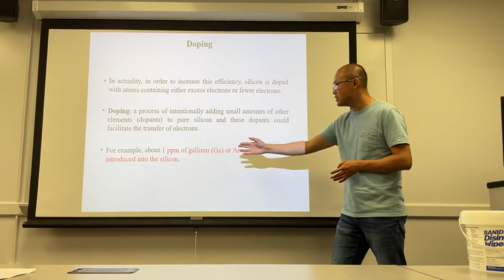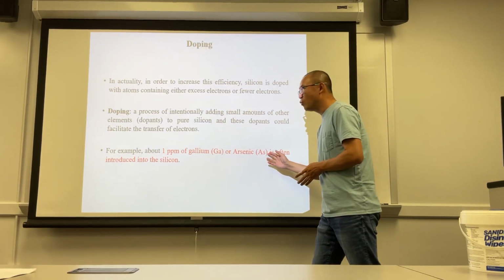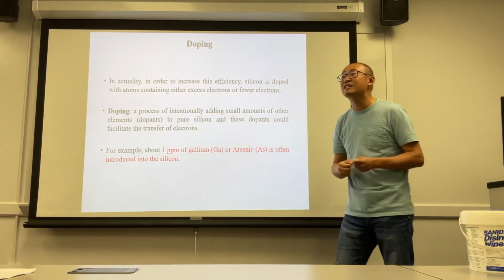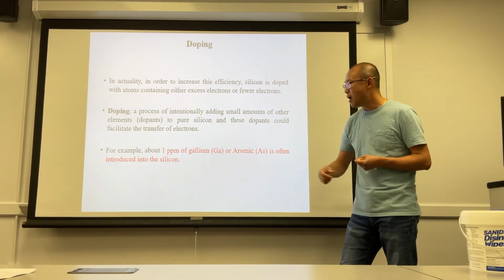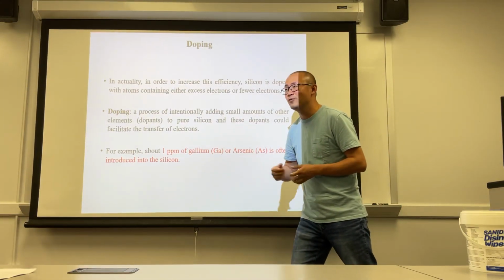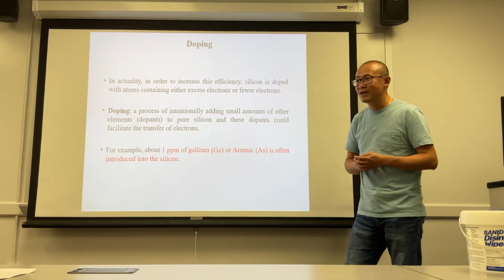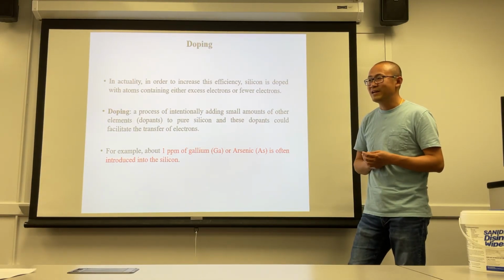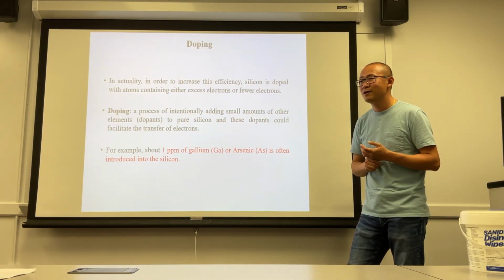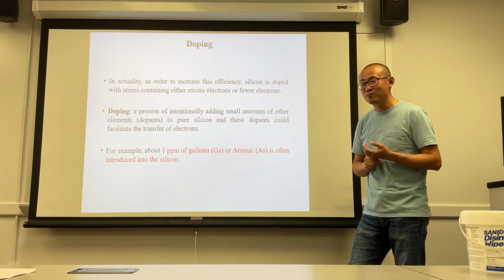Now let's take a look at these two elements. We know silicon's valence electron count is 4. How about the gallium element? What do you think its valence electron count is? If you remember, gallium is in which group? Group 13. So how many valence electrons does gallium have? 3.